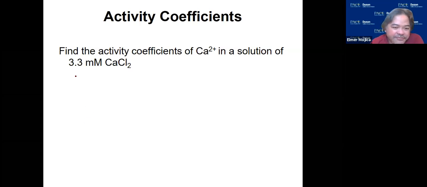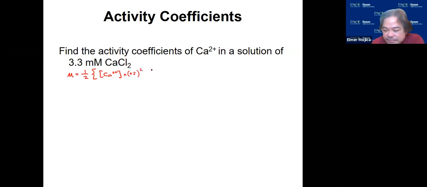We have to find first the ionic strength. So how are we going to solve this? Calcium 2+ times +2 squared, right? And then chloride ion times -1 squared.